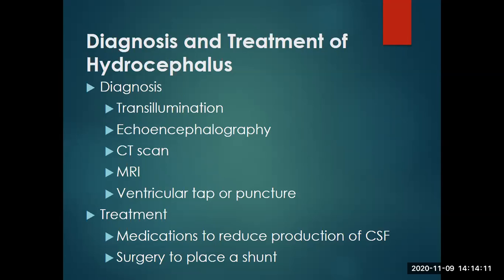This is accomplished by inserting a special tube, which is revised at intervals as the child begins to grow. That procedure is known as a ventriculoperitoneal shunt.